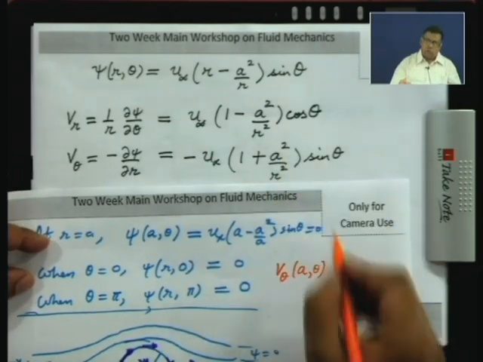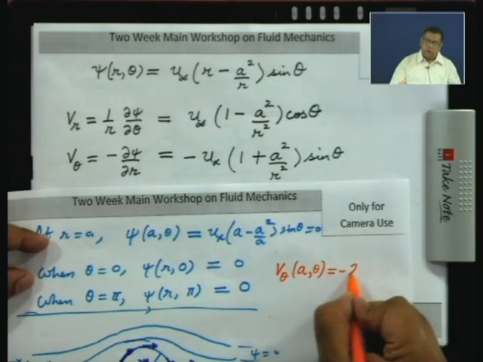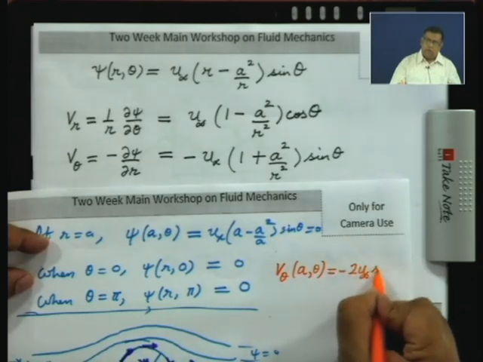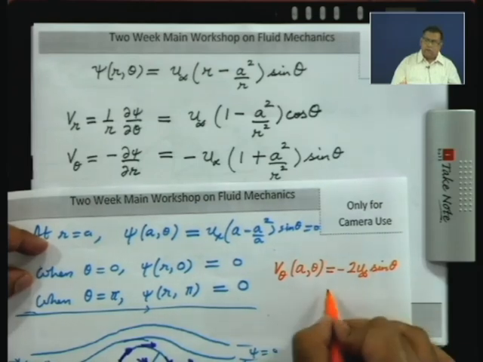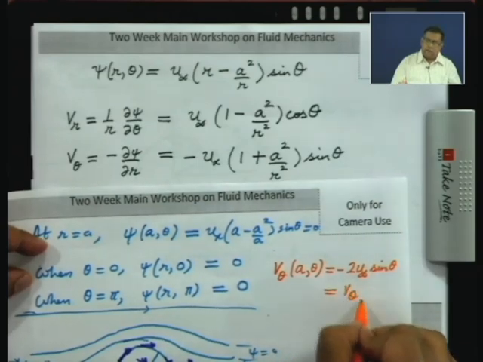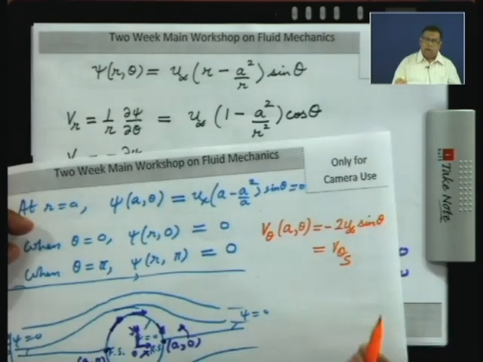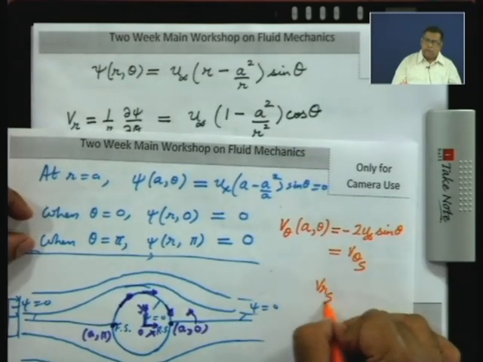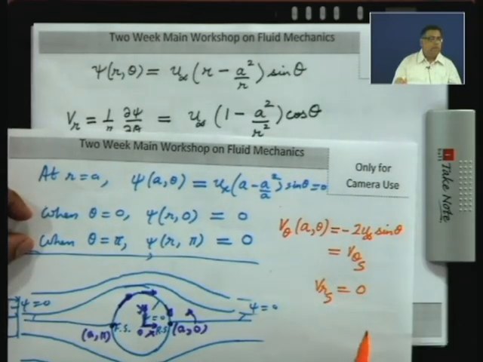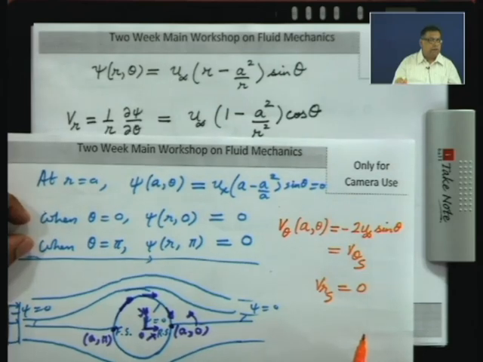So, 1 plus 1 is 2, that is minus 2 u infinity into sin theta. So, this is the velocity V theta on the surface of the cylinder. So, I can write it as V theta s, and of course, V r s is 0 because of the no penetration boundary conditions.